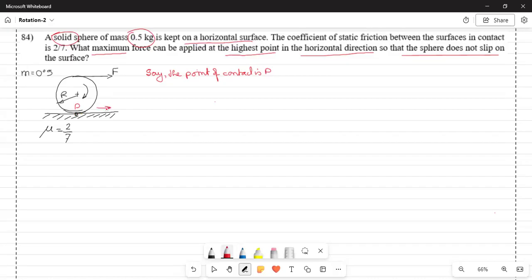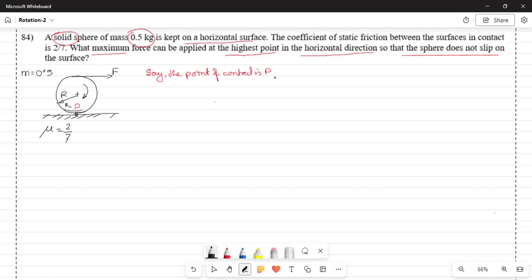But when it is rolling, this point P moves in the backward direction.